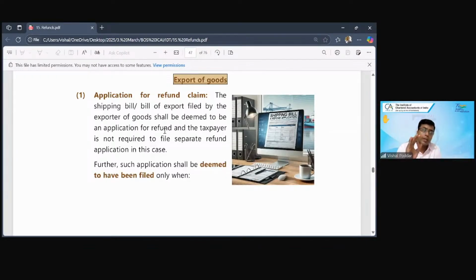If you remember, I have been repeating this even in the previous class, and today I repeated it in the revision. Where you are going by this first option, that is, exporting with payment of tax, there is no need to file the RFD 01 application, because once you file the shipping bill at the time of export at the customs, that filing of the shipping bill is deemed to be your application for the refund claim as well.